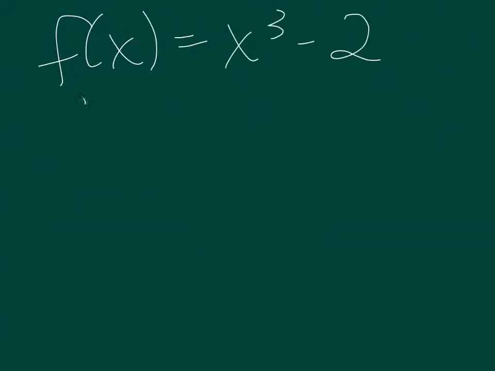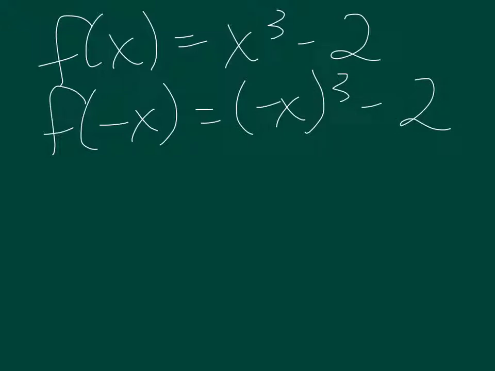Now let's take the function f of x equals x cubed minus 2. Plug in negative x for x, negative x cubed minus 2. F of negative x equals negative x cubed minus 2.